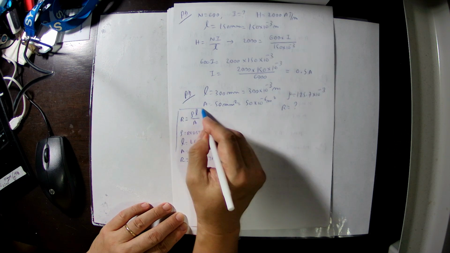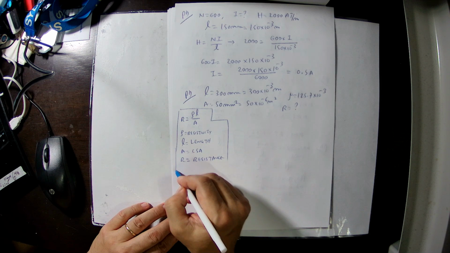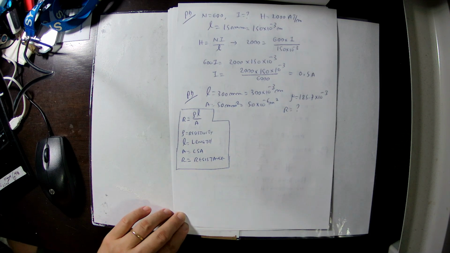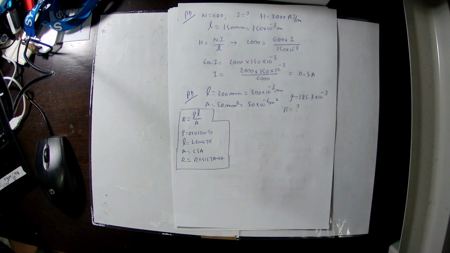So this is the equation to calculate the resistance of the conductor.